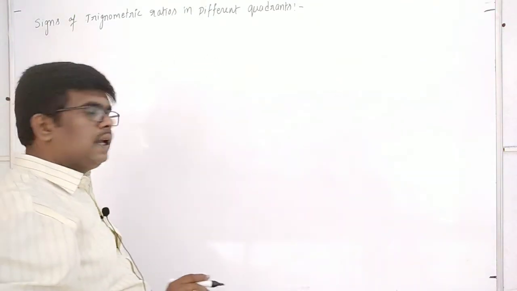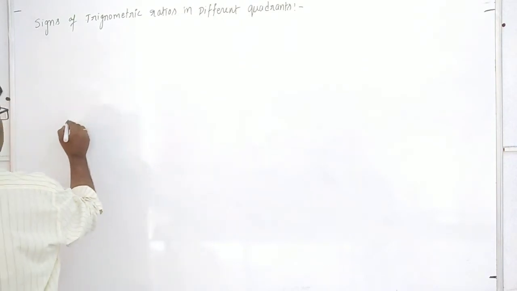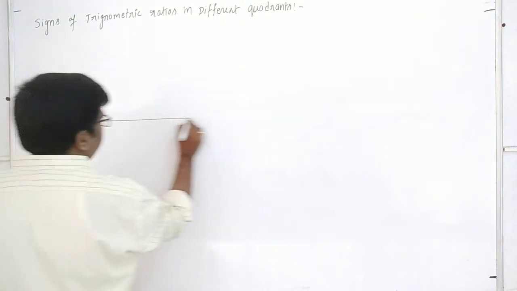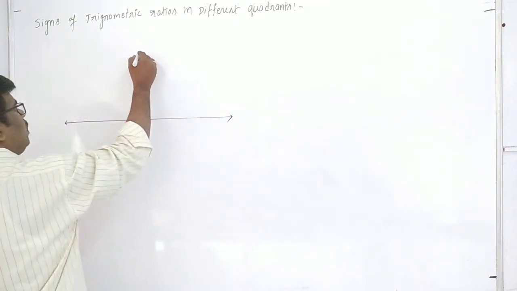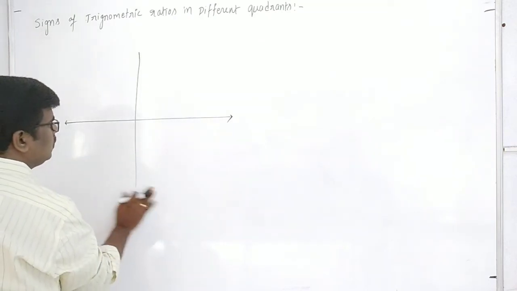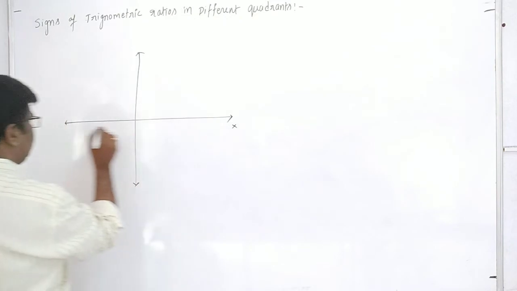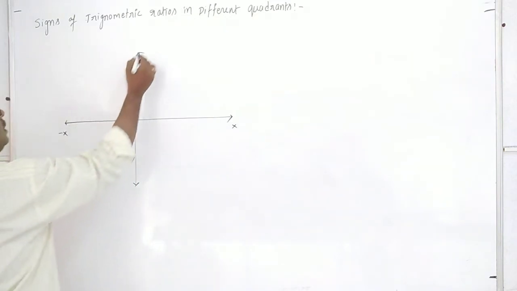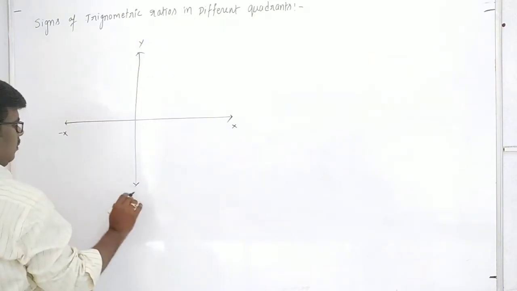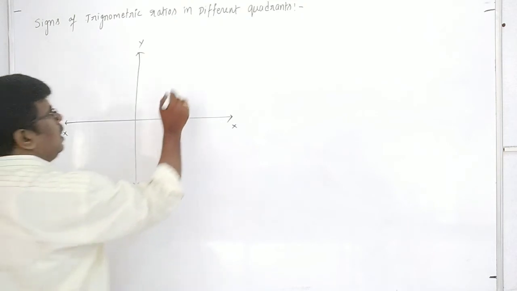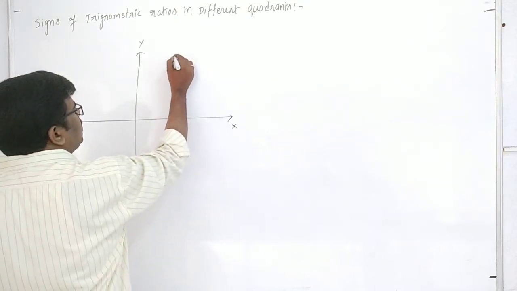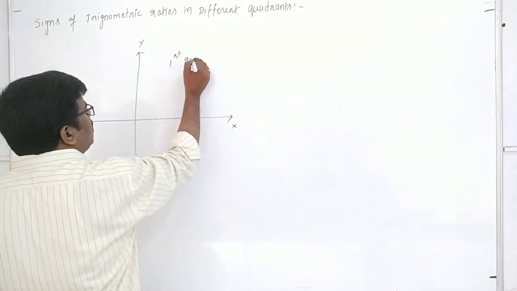Now if you take the coordinate system like this, with x, minus x, y, minus y, this we can call the first quadrant.